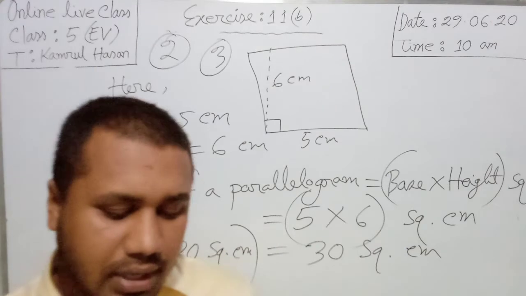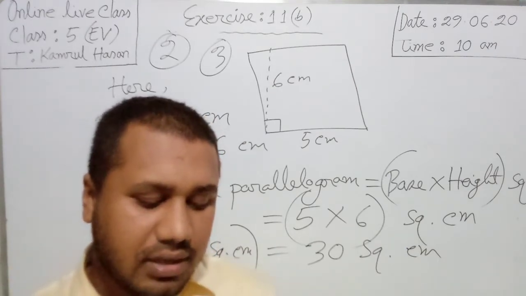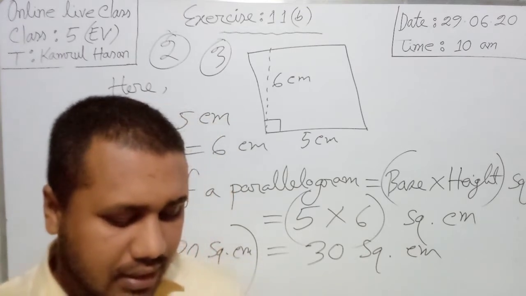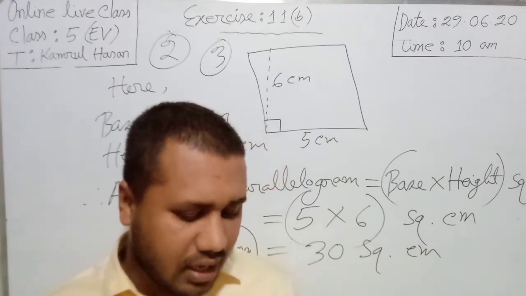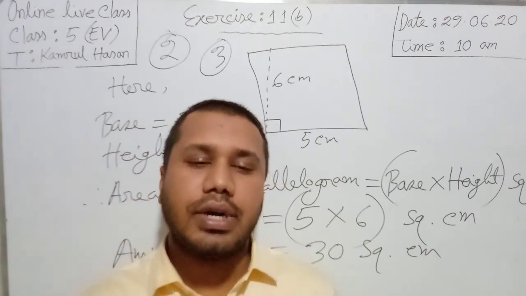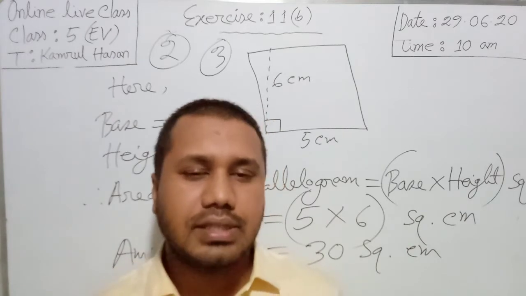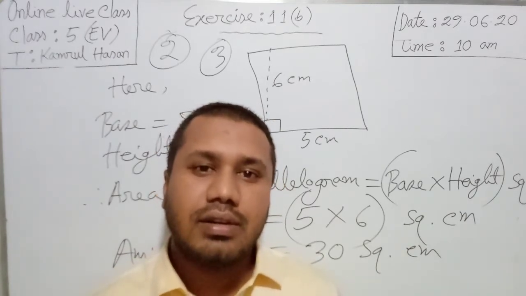Now dear student, go to the problem number 3. There is a rectangular shaped paddy field whose width is 750 meters and the length is 1200 meters. What is the area of this paddy field? So here length and width, breadth and width, we know they have the same meaning. Both are given. Now we have to find only the area. Clear?